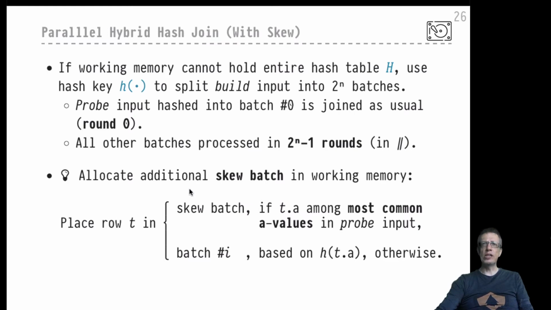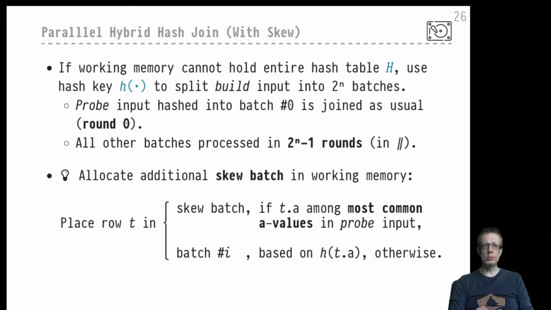That is, if the value is super common, if it belongs to the most frequent values. And indeed the PostgreSQL database system, any database system, has internal tables that keep track of the common value distribution in the tables.